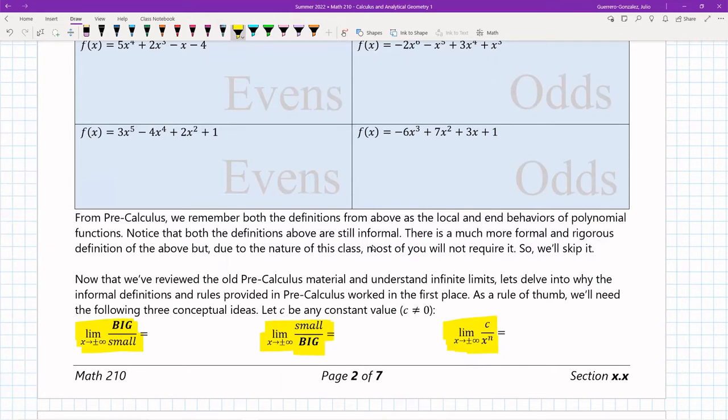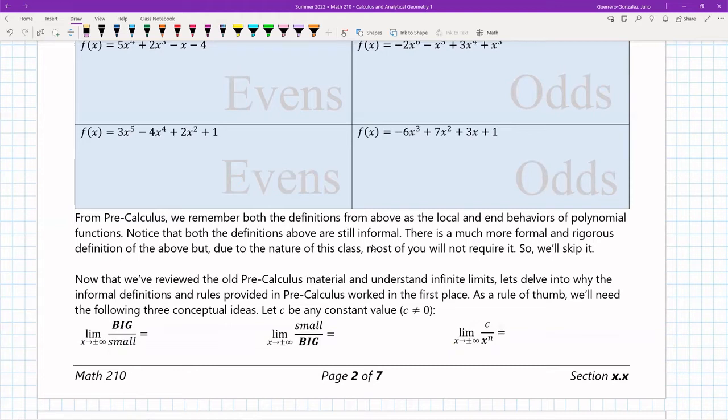These aren't in the book, but they encapsulate your thought process that you're going to need to have while computing some of these limits, okay?